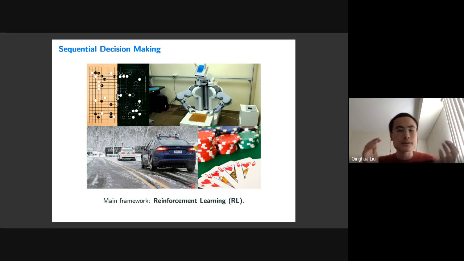Basically everything where you need to make a sequence of decisions based on the previous feedback can be formulated into this framework. And in recent years, there are a lot of very impressive empirical results in this field. Basically, they solve these problems using deep reinforcement learning and achieve some superhuman performance.